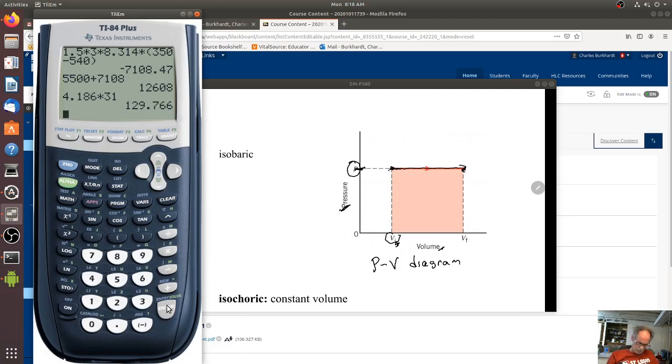So the work, we already had this, the work is equal to P, the pressure that it takes place at, times Vf minus Vi, the change in volume. That turns out to be the area of this rectangle here. This is one side of the rectangle, Vf minus Vi, and P is the other side of the rectangle. So this area under the PV diagram is equal to the work, and that's true in general.